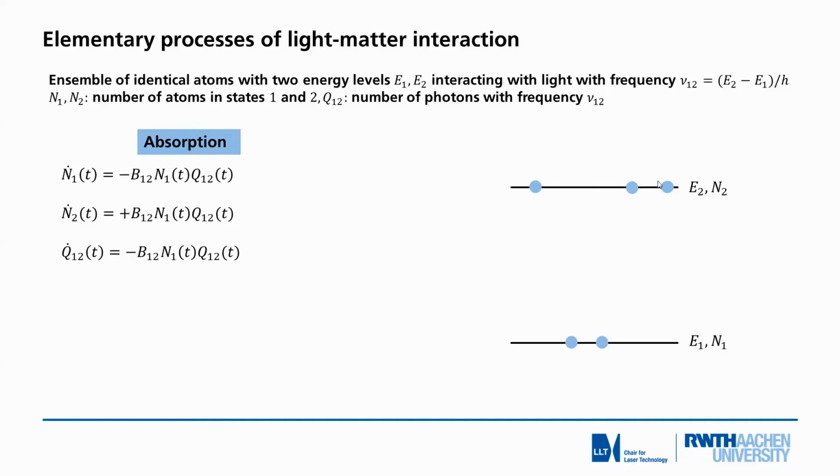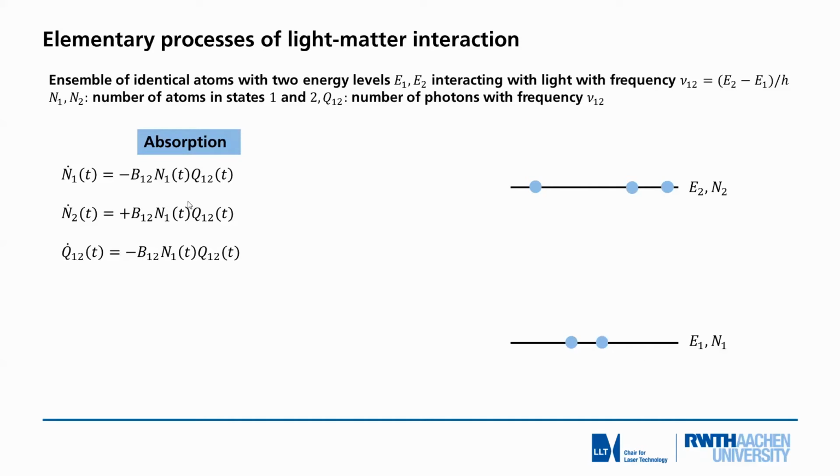If we now count the number of states, then we observe that N1, the lower energy level, will be depopulated at a rate proportional to the number of photons coming in. The more photons come in, the higher the change rate of level 1 will be.